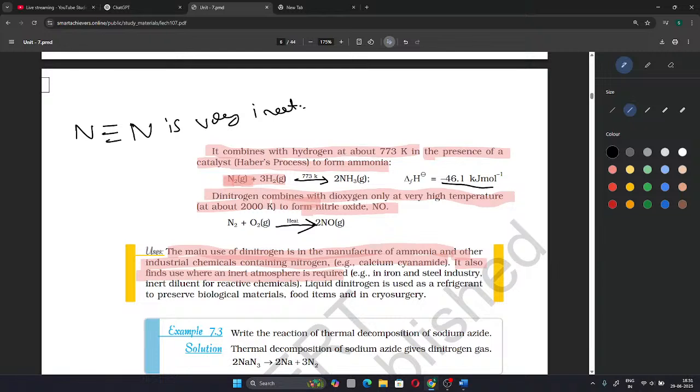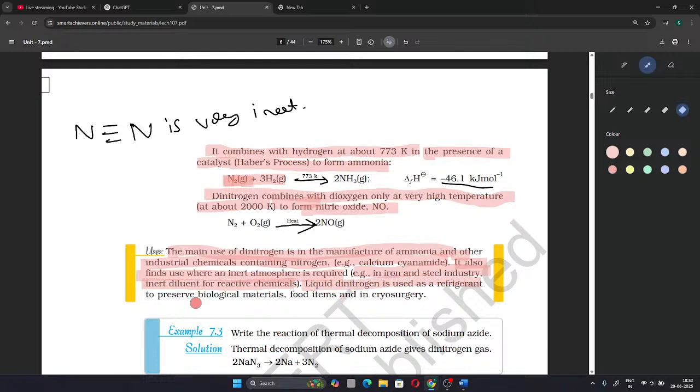So instead of that, the industry can use nitrogen, which is inert, instead of oxygen. We can also use noble gases like argon. Nitrogen is also inert and is used. Inert meaning a non-reactive atmosphere is required: iron and steel industry, inert diluent for reactive chemicals.